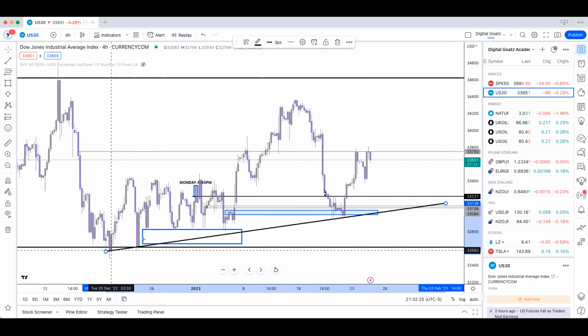So data point right here, 1, 2, 3, and then the fourth probably was in a breakout because now we have this aggressive move to the upside. I know that between 1 and 2 normally is the bigger move. So when the market, whether it's ranging sideways or trending up, the second time it touches a price zone or a trend line, that's the bigger move.